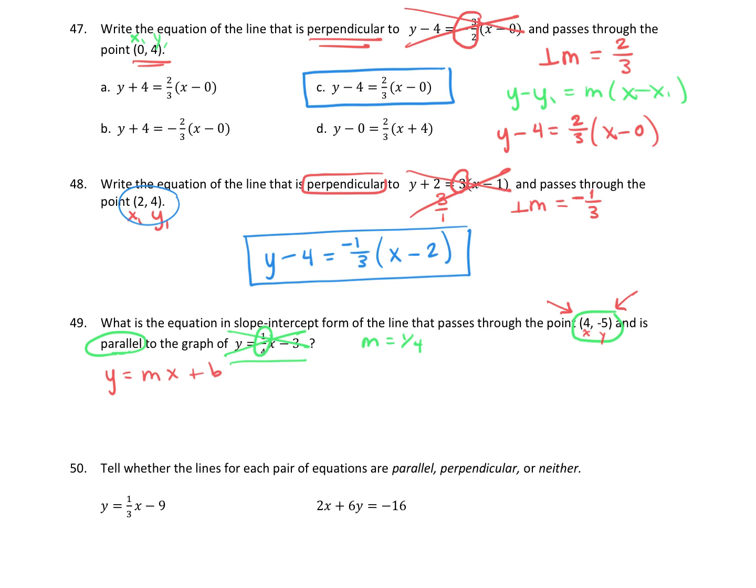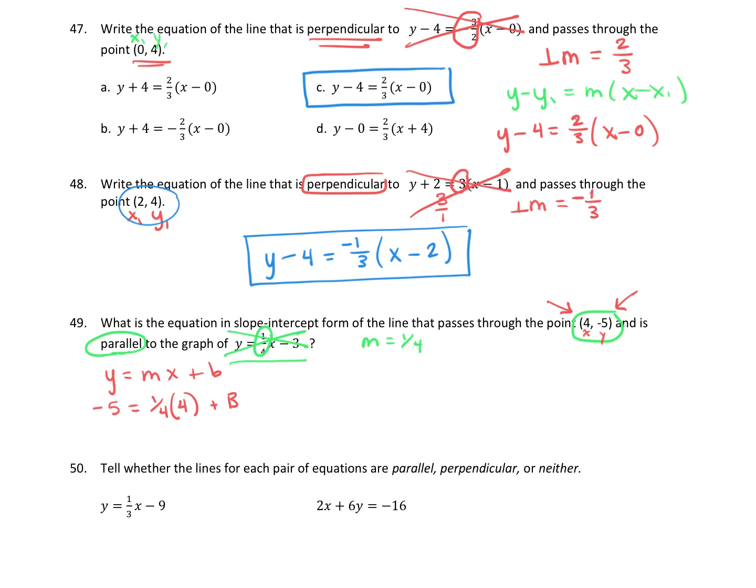So we're going to replace the y with a -5 equals, our slope is 1/4 times the x from our ordered pair, which is 4, plus our y-intercept of b.